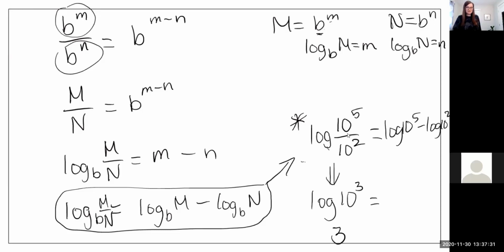So this is 3, this is 5, and this is minus 2. Yeah, 5 minus 2 is 3. I'm using tens just because they're the same base. The same thing would happen if I used log base 3 and a 3 to the power of something. The base doesn't really matter too much. I'm just using tens because they're easier to consider.